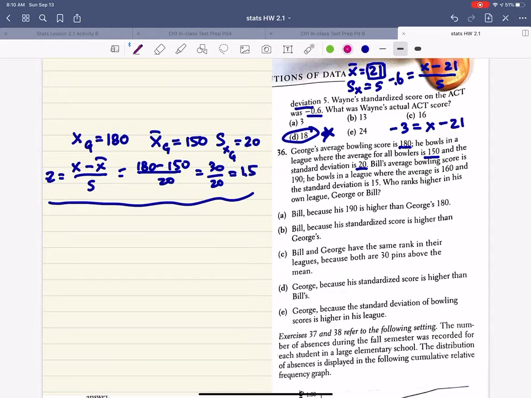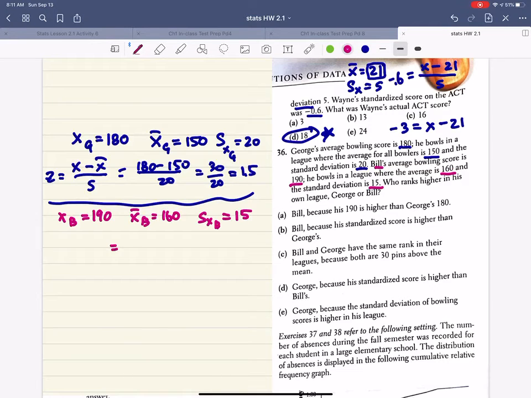Now we're going to work with Bill. So Bill scores 190 in a league where the average score is a little bit higher. So we need a z-score here because in raw score he's higher, but we want to know relative to the league who's higher, right? So Bill's score 190 based on the average in Bill's league is 160, and the standard deviation in Bill's league of 15.